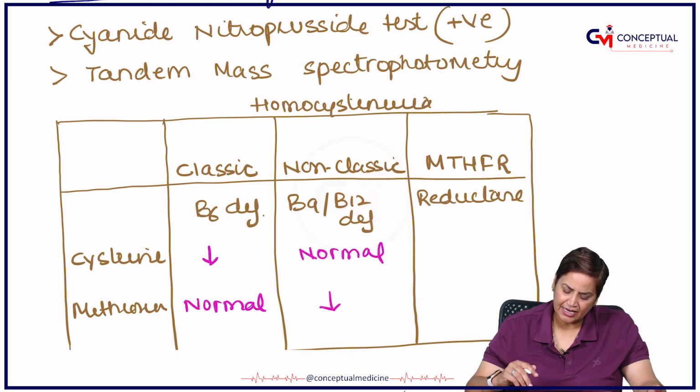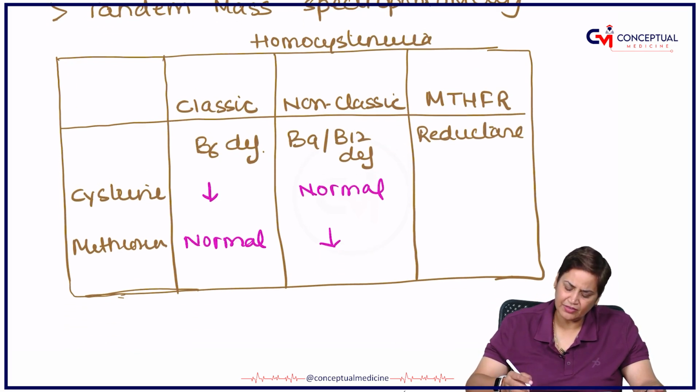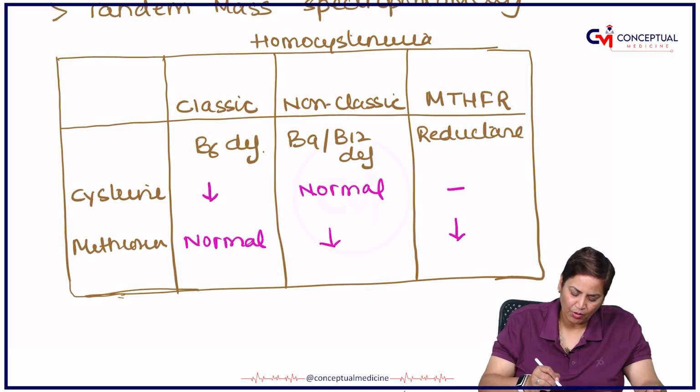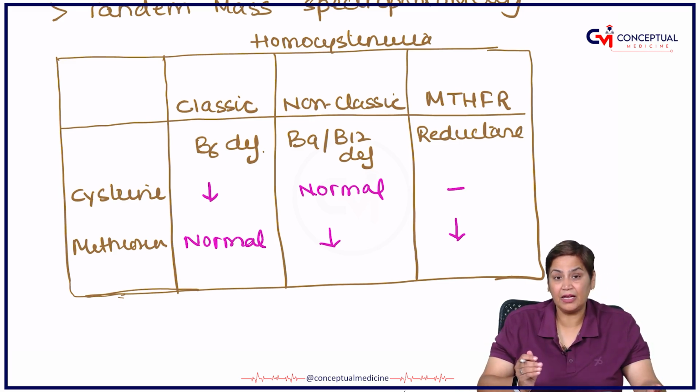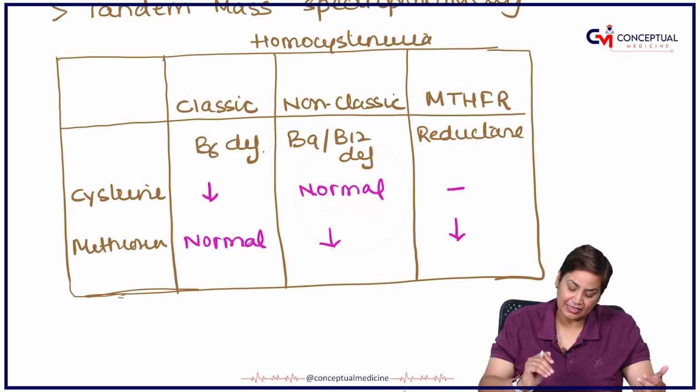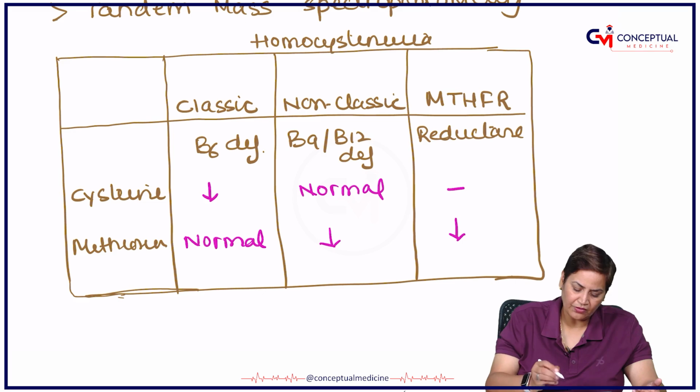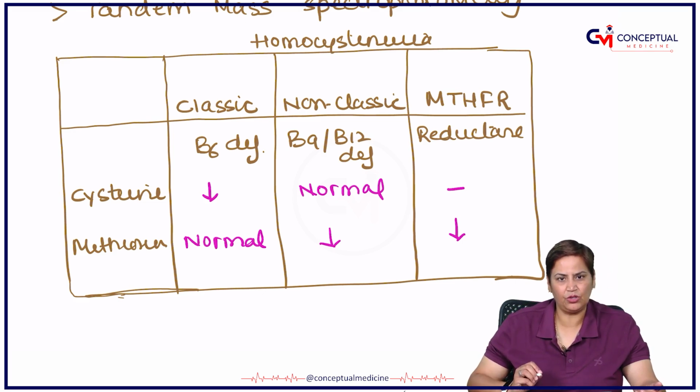And regarding reductase, it won't make any difference to cysteine or methionine level, but yes, methionine level might be reduced. So this is one very important feature biochemically, how we can distinguish between classic and non-classic as per the concentration of cysteine and methionine.